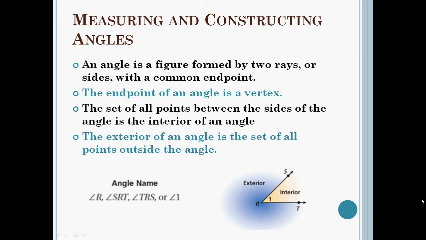We name angles by letters, by all 3 points in the angle that are labeled, such as SRT or TRS. We can call it by its vertex if there is only one angle, or we might number an angle. This would be angle 1.